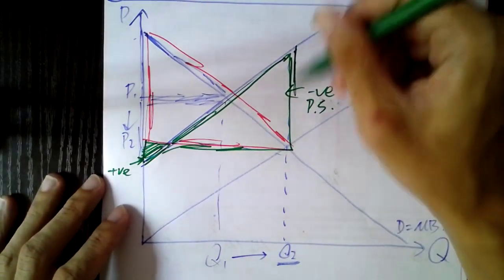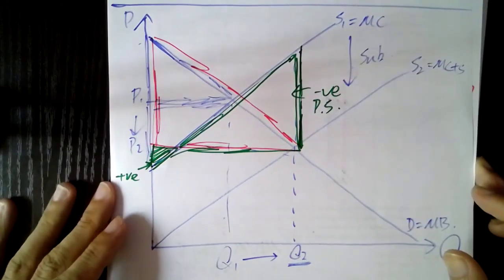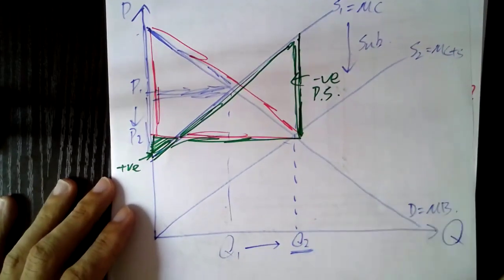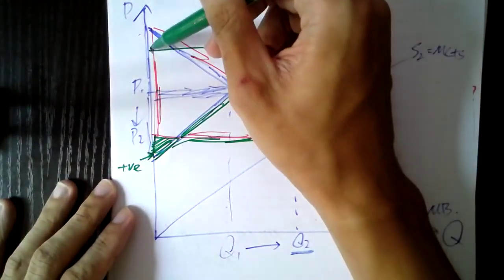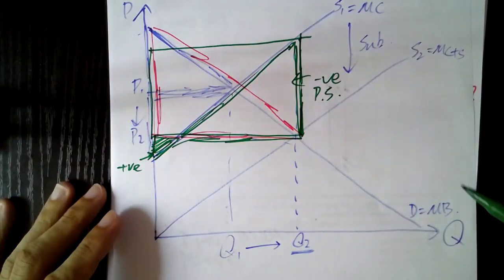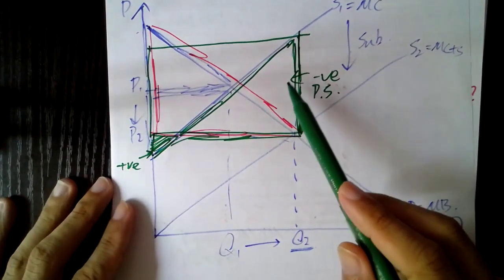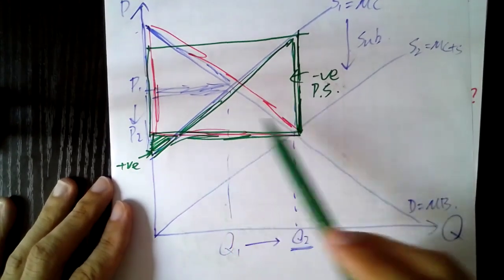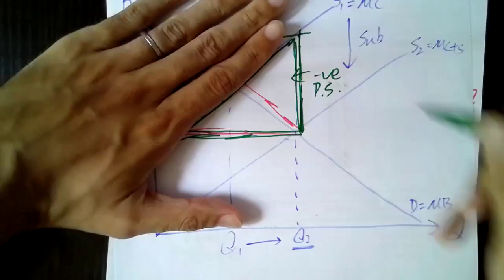Therefore, they would also receive a subsidy of these vertical amounts. And they are selling at Q2. So this is the subsidy they are going to receive. Okay, very funny, right? This part we lose something, but this part we also gain something. What does that mean?